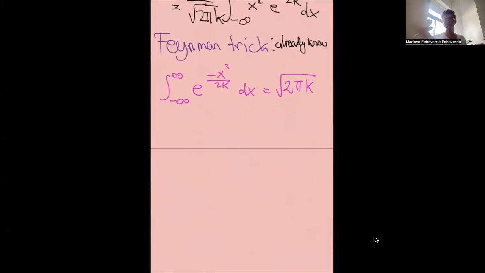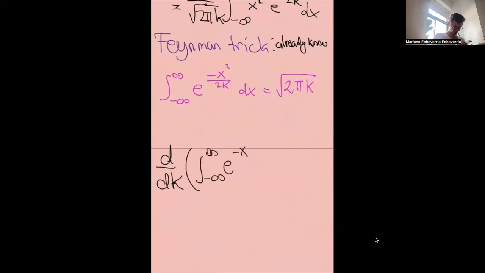In the Feynman trick, you just differentiate both sides with respect to k, because why not? With respect to k, not x. There's no x anymore, because it's an integral over x, so the x gets wiped out after doing the integral.